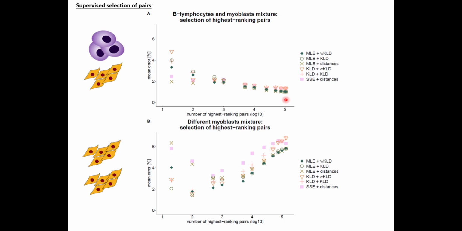And that is reasonable since their methylomes are very different. But in the second mixture, we can see that there is an optimum at around 100 pairs. And above it, only noise is added. So this selection allowed us to decrease the error in the two myoblasts mixture to only 1.4%, which is low considering the coverage of the experiment.